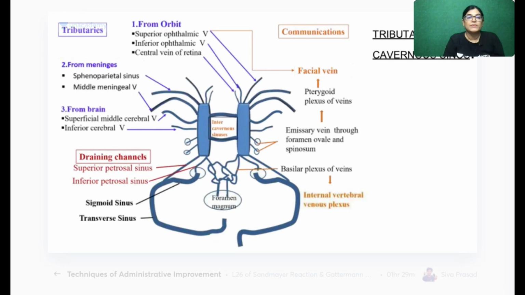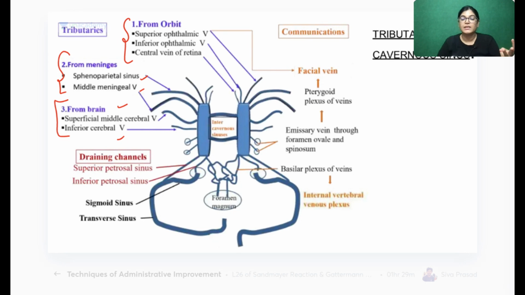From the orbit: superior ophthalmic vein, inferior ophthalmic vein, central vein of the retina. From the meninges: sphenoparietal sinus and middle meningeal vein. From the brain: superficial middle cerebral vein and inferior cerebral vein. Got it? These are the tributaries of the cavernous sinus.